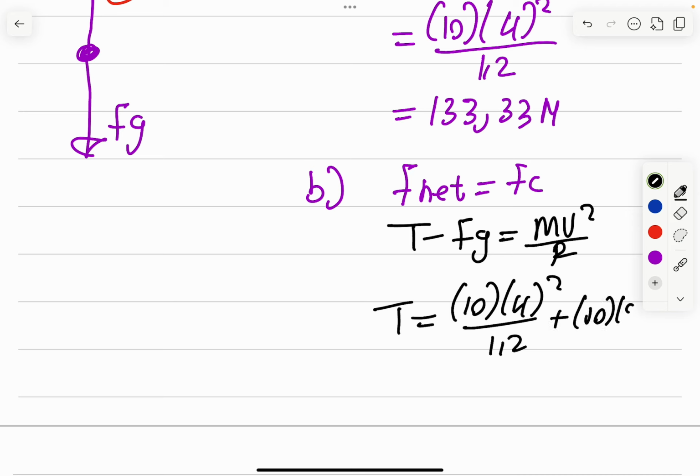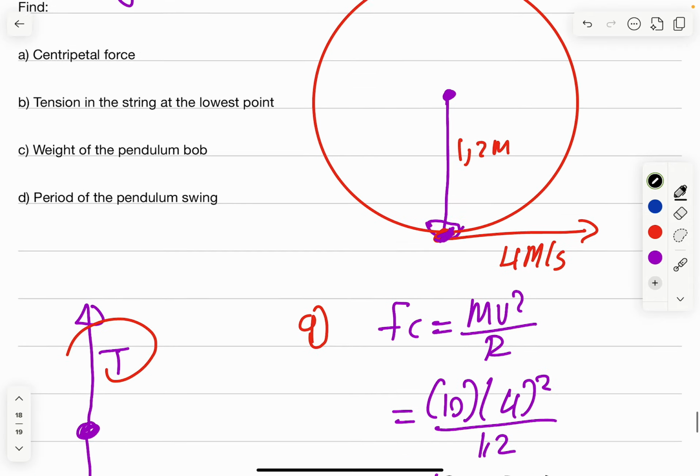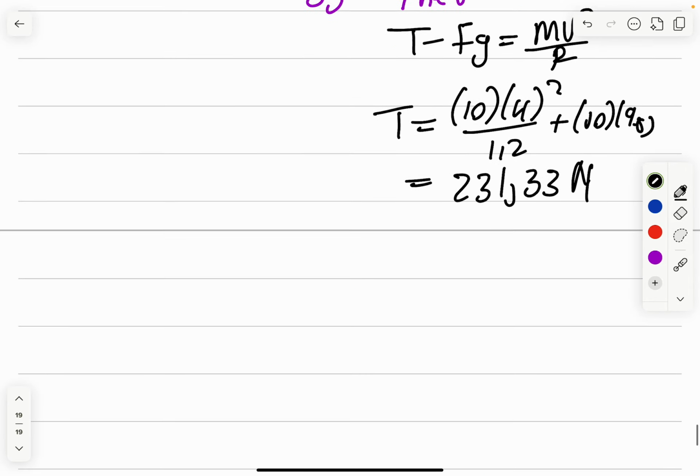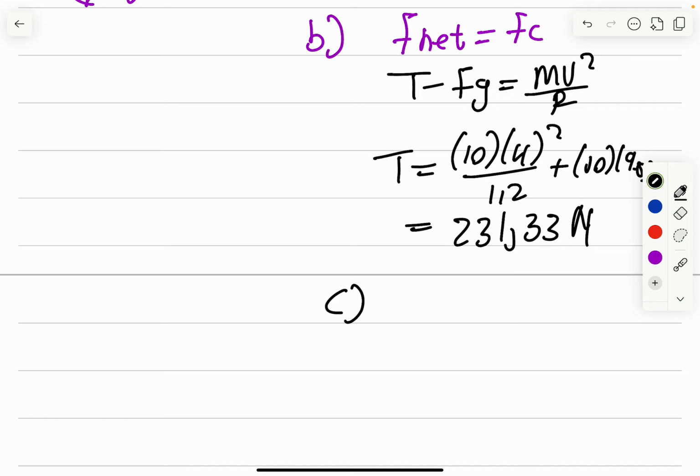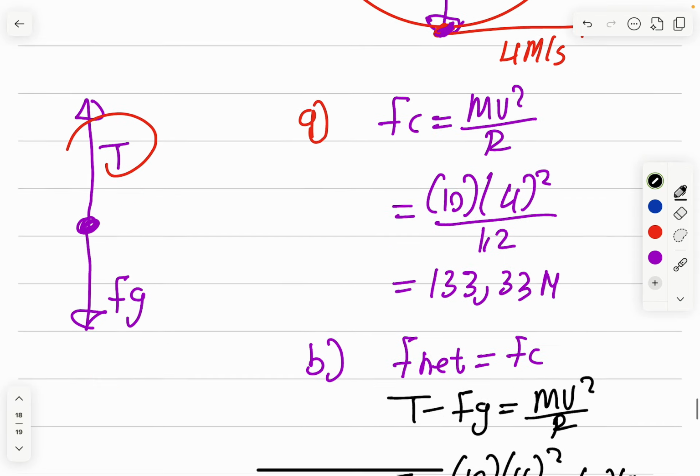So the answer is going to be 231.3 newtons. They say, what is the weight of the pendulum bob? You see, those people are mad. Sorry for mentioning that word.